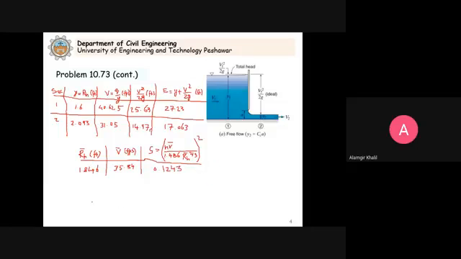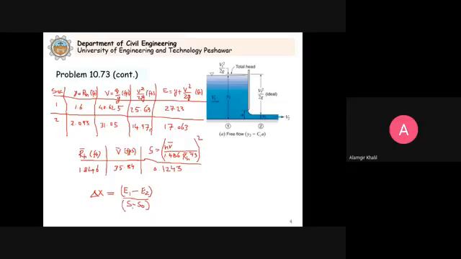Now we have to calculate delta X, the distance between the two sections. We already know that this is equal to E1 minus E2, the difference of specific energies at the two sections, divided by S minus S naught.